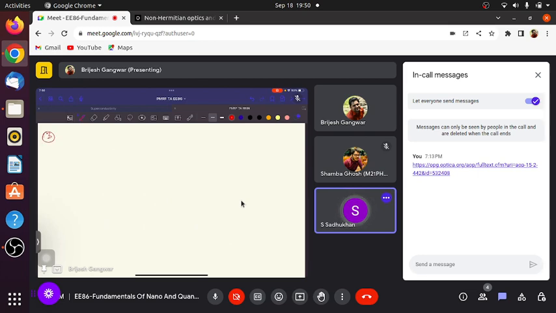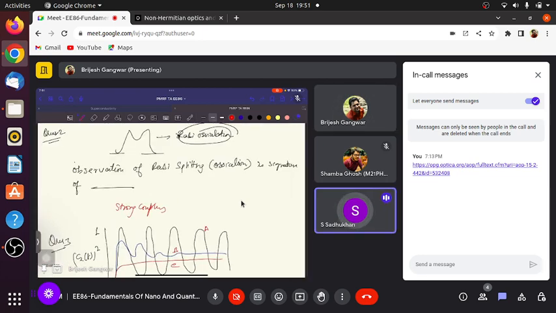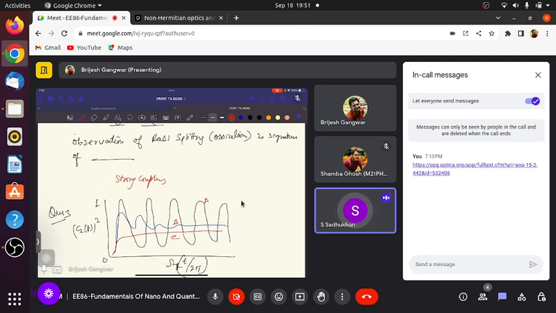So which of the following curves represents the strong coupling? Sir, I think A, B or C? A will be a strong coupling, and some sort of coupling is also occurring in B. See, this is the strong coupling when this one is happening.